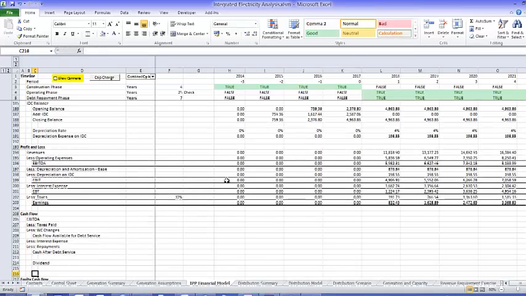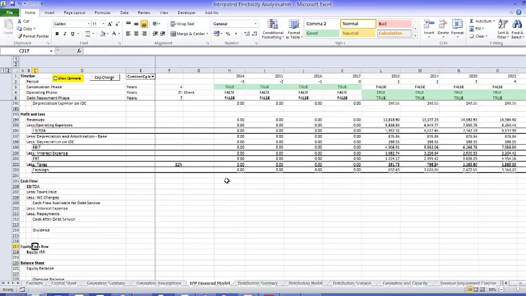Now, there are a number of complications. If you look at some of the other files for project finance, there are all these cash traps and cash sweeps and covenants. That's a cash trap. Debt service reserve accounts, maintenance reserve accounts, all sorts of different things we can put in between those.